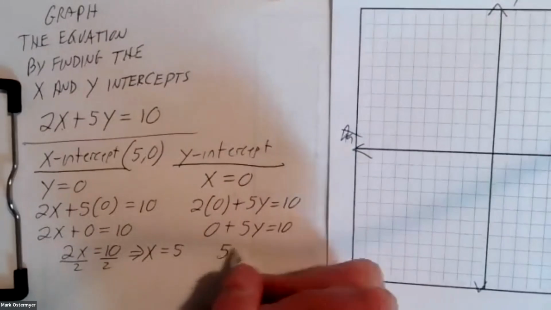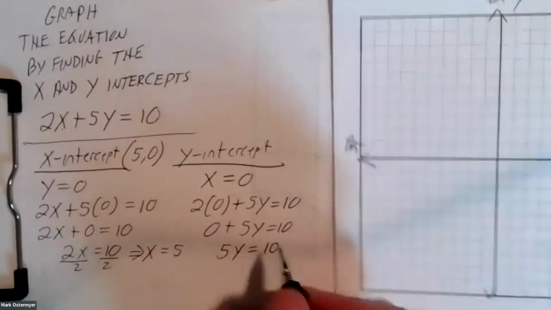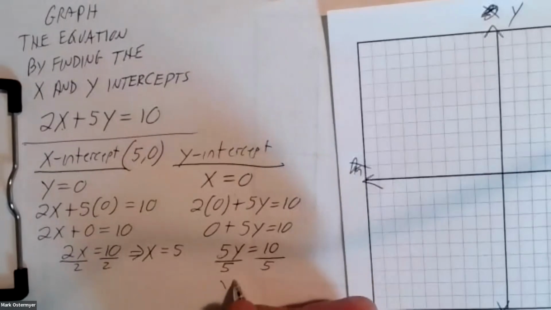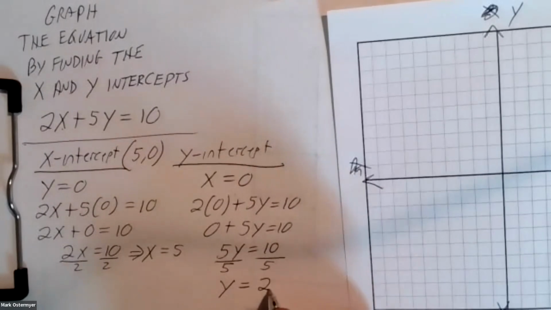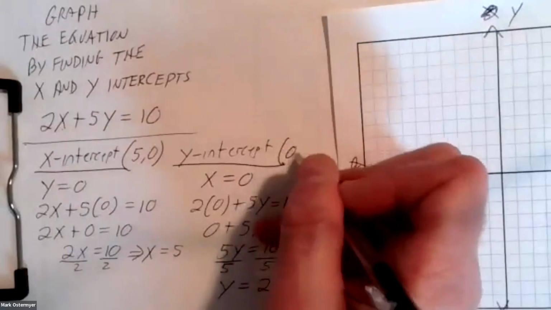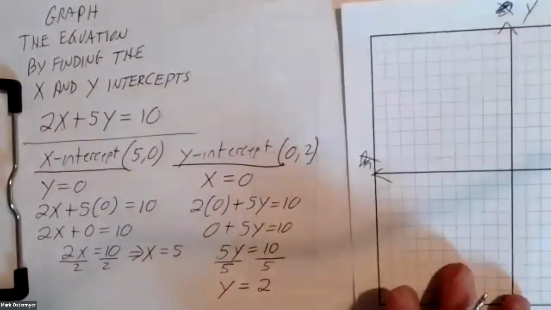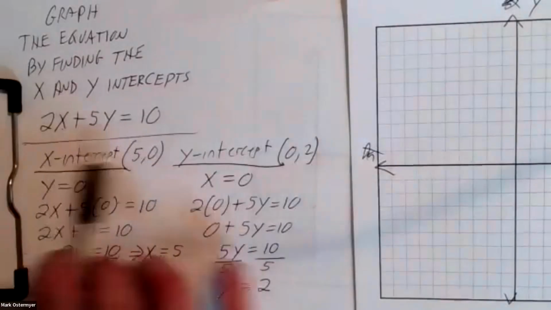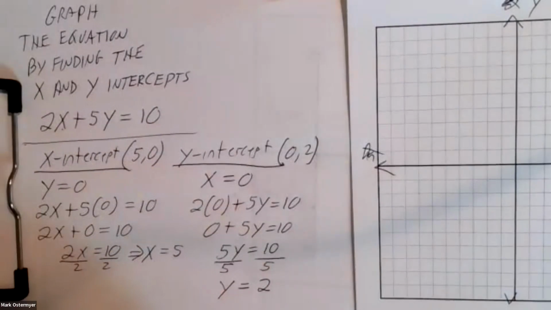Hence, we have 5y equals 10. Now we're going to have to divide both sides of our equation by 5. And this implies that y is equal to what? 2. So my y-intercept is the ordered pair (0, 2). Any questions how I found the x and y intercepts for this linear equation? Notice to do so, you always set the other variable equal to 0.